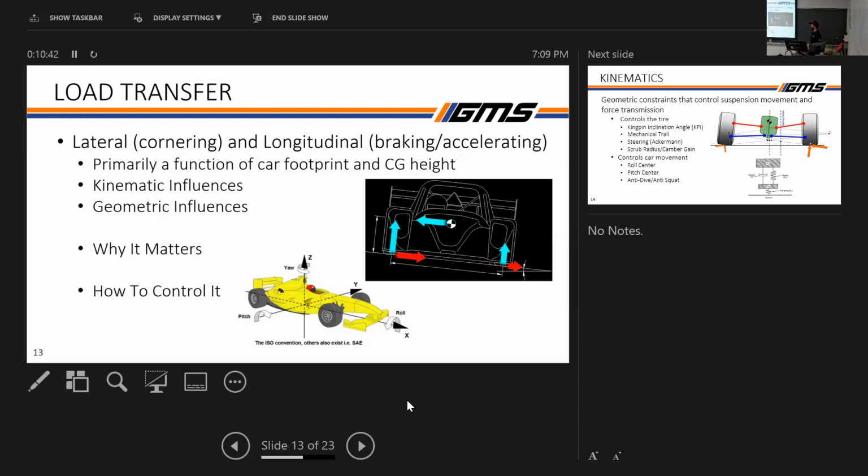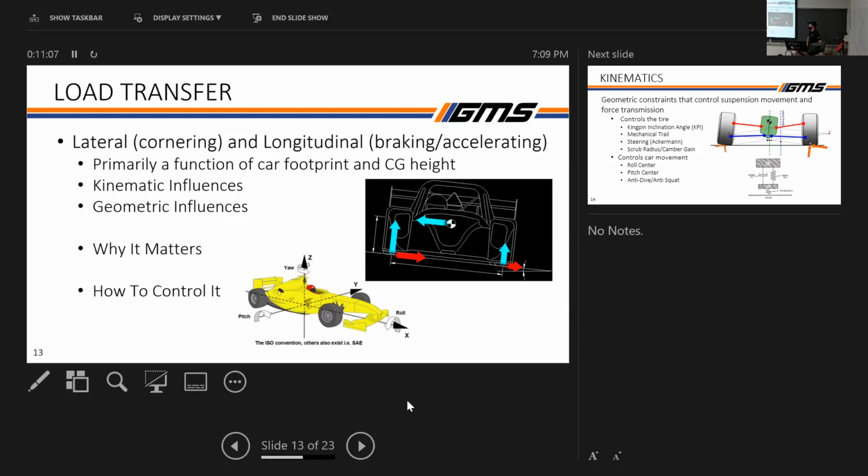Roll is rotation about the x-axis, pitch is about the y-axis, and yaw is about the z-axis. Lateral load transfer happens when you roll while turning, and longitudinal load transfer happens when you're accelerating or braking, going frontwards or backwards.